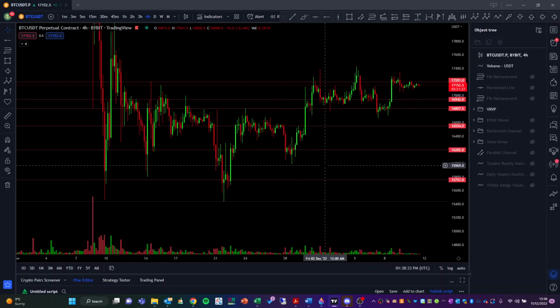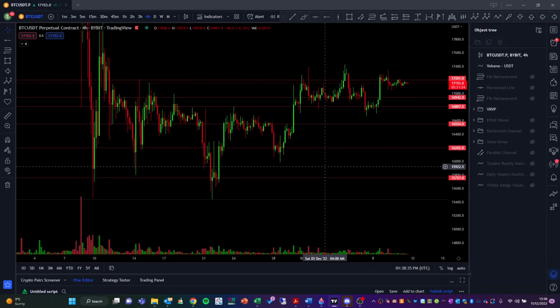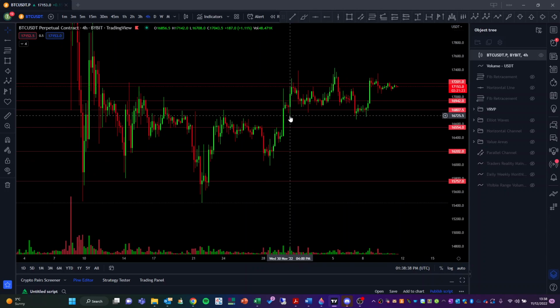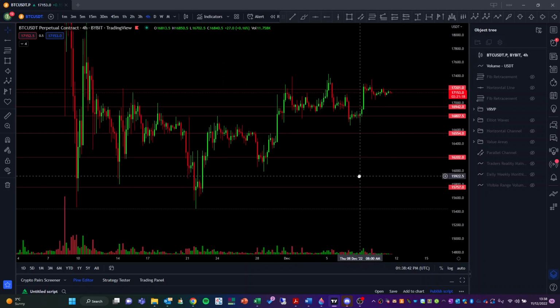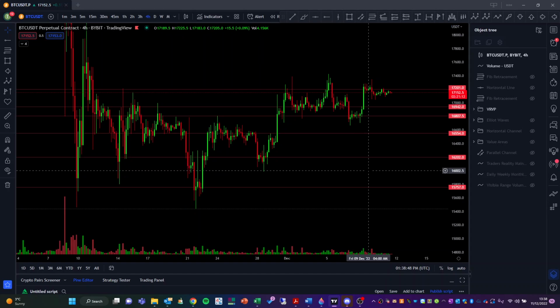It's about identifying these key areas and getting good value. You don't want to be randomly putting in orders at random points, because realistically that's just gambling. You need high probability setups that factor in these key zones, so that you can benefit from them.